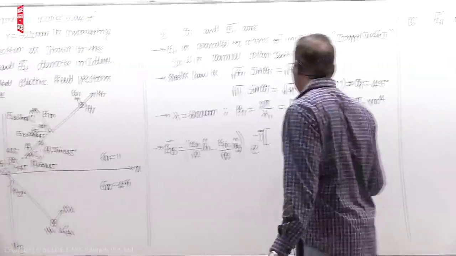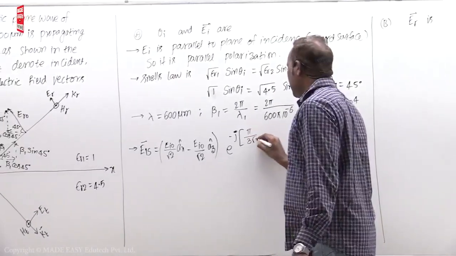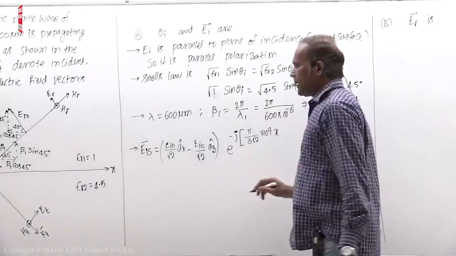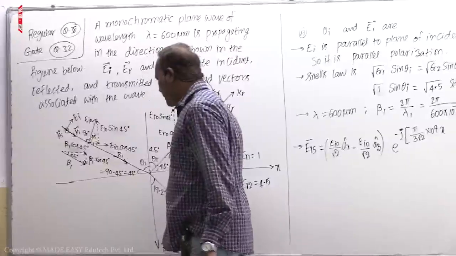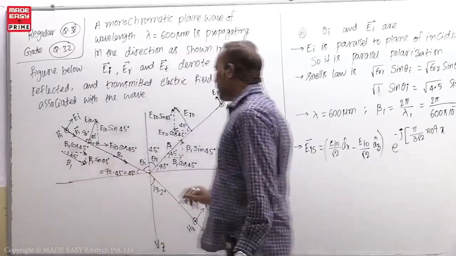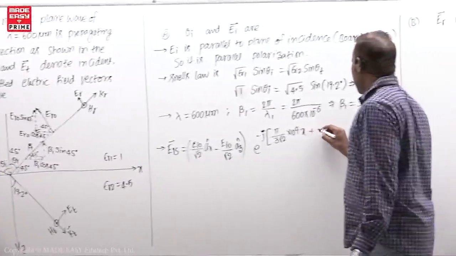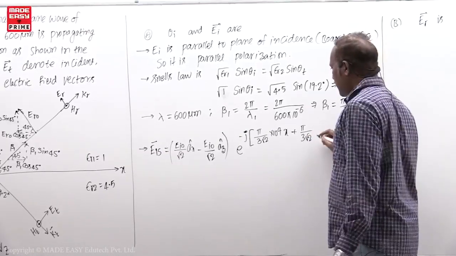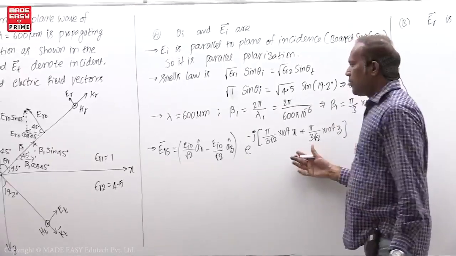Beta 1 is pi by 3 root 2 into 10 to the power 4, times x you get. Down direction, that is z direction, you should write z. Beta 1 sin 45 is beta 1 by root 2. So plus pi by 3 root 2 into 10 to the power 4 z you get. So this is the equation of EIS.